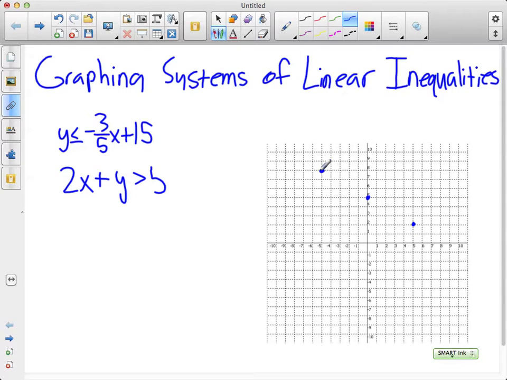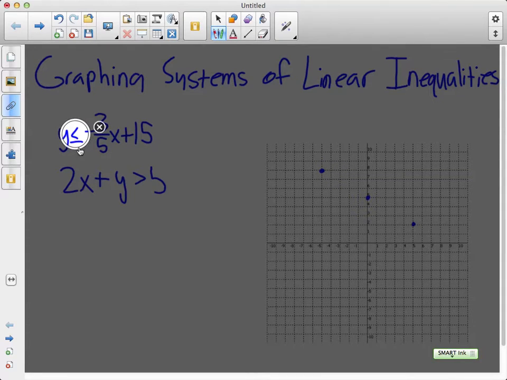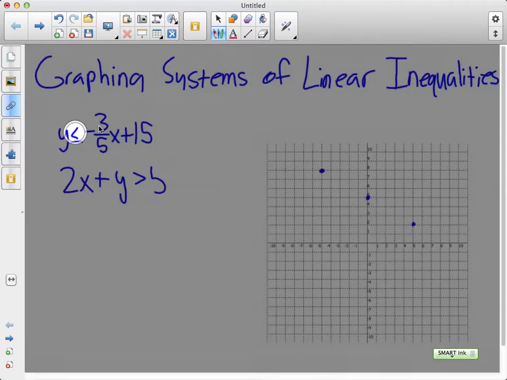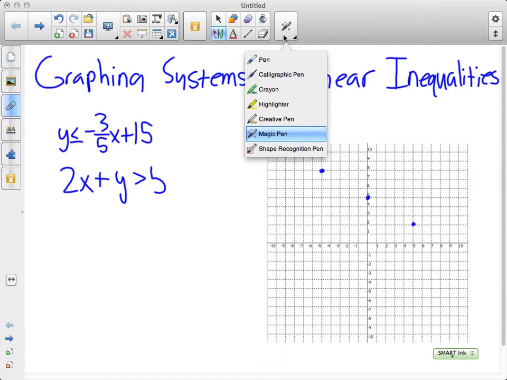Same idea. And now here's where we notice that we have a less than or equal to, because the line underneath means less than or equal to, which means we're going to have a solid line.